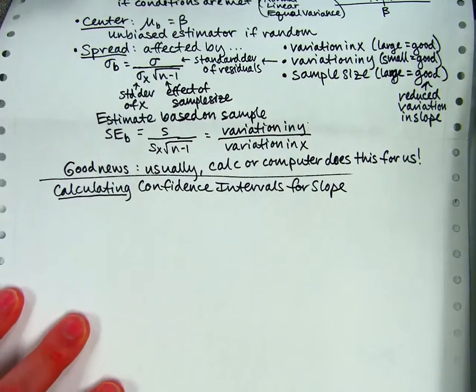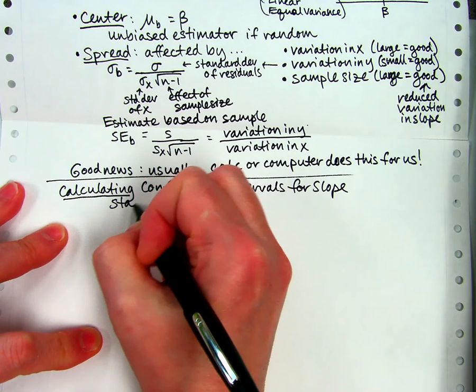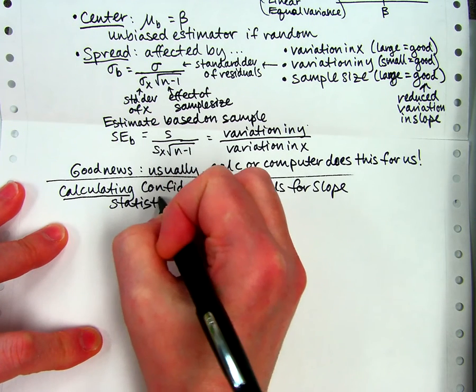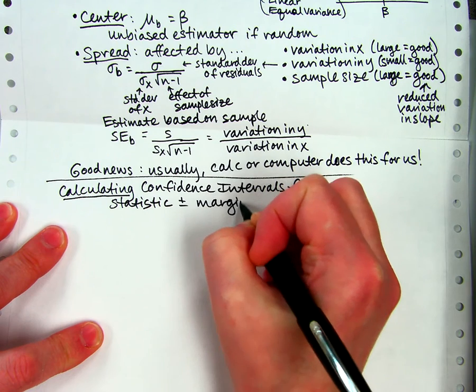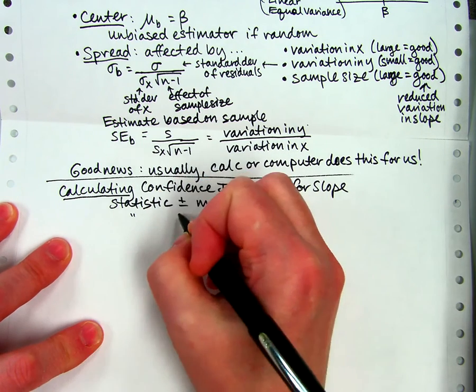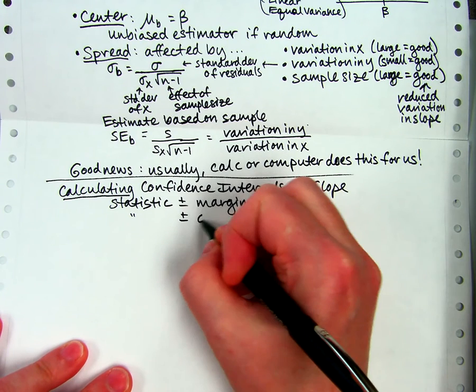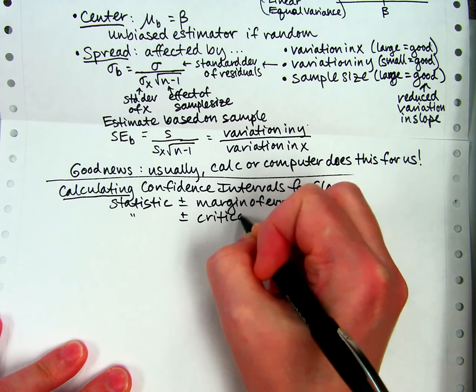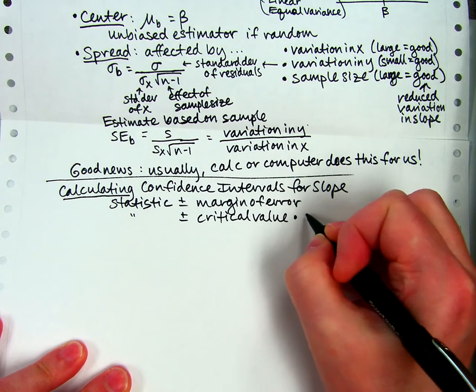So, all confidence intervals have the same pattern. They are always a statistic or estimate plus or minus a margin of error. And you could break down the margin of error into two pieces, of course, which is the critical value times the standard error.